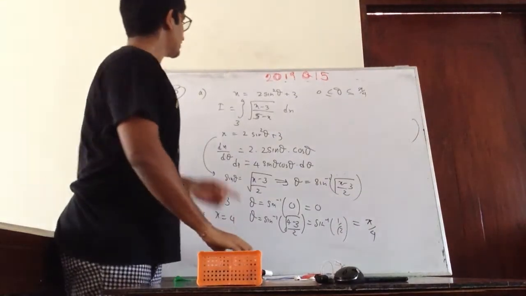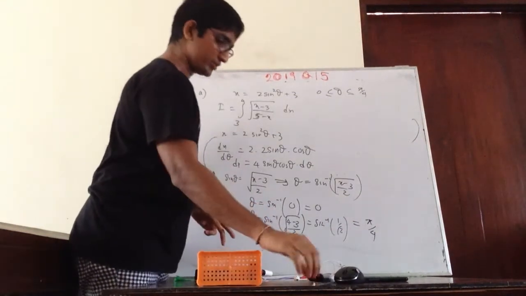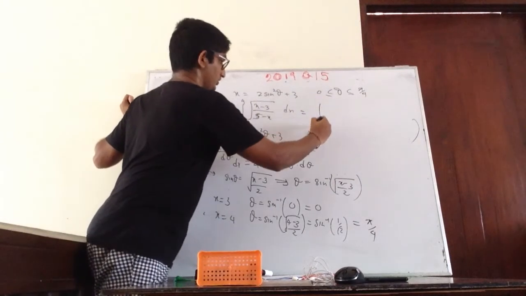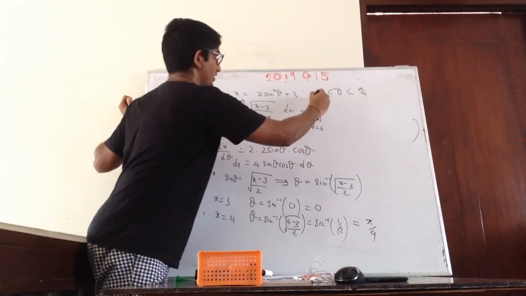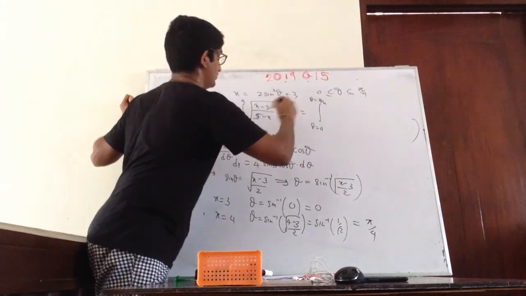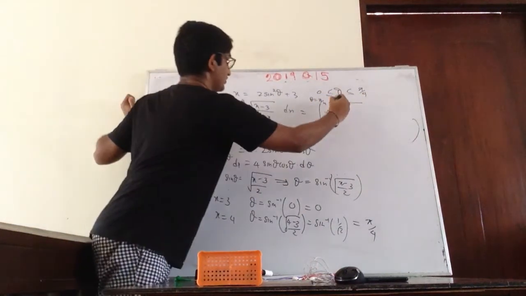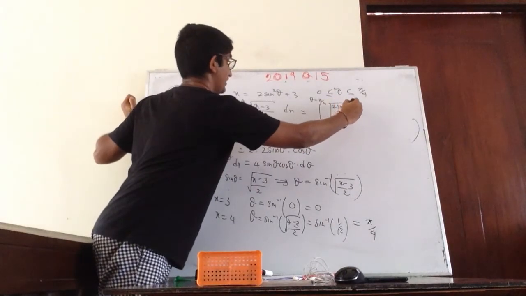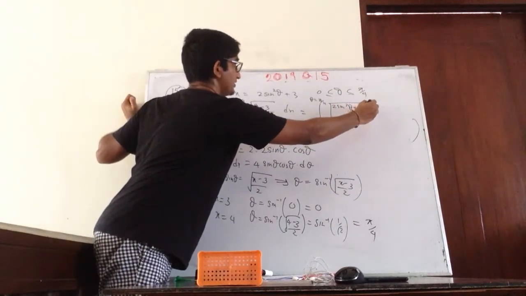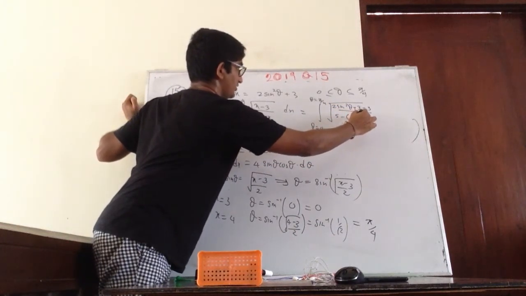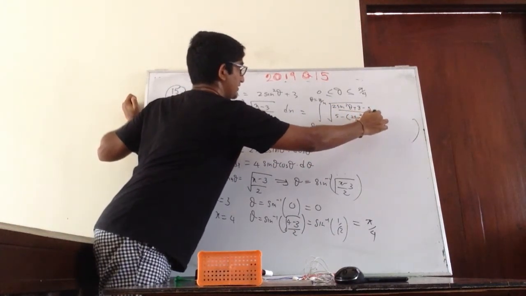Right, so now we need to put the limits in. Theta equals 0, theta equals pi over 4. What is x minus 3? It is 2 sin squared theta plus 3 minus 3. 5 minus x is 5 minus (2 sin squared theta plus 3).